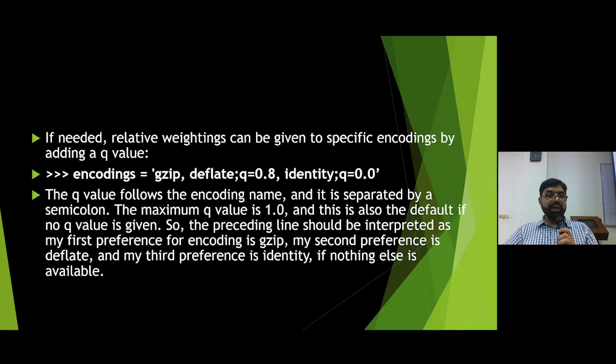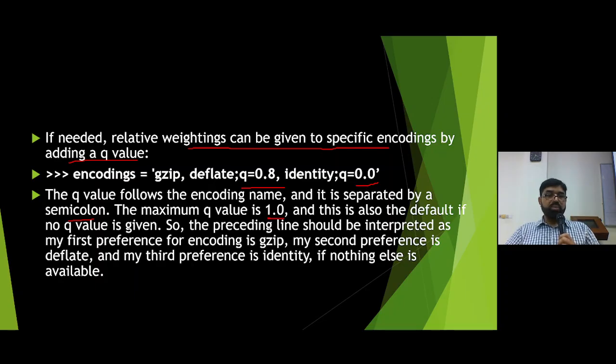If needed, relative weightings can be given to specific encodings, like if we have some priority such as 1, 2, 3. So encoding gzip, deflate with q=0.8, identity with q=0.0. The q value follows the encoding name, separated by a semicolon, and the maximum q value is 1.0, which is also the default if no q value is given.